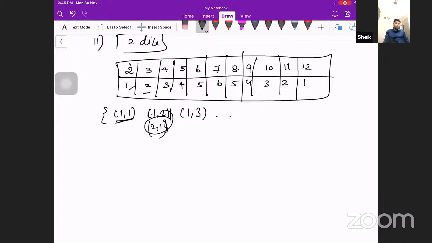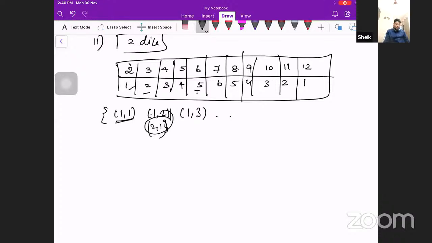So if you remember the table, the question is at least 7. What is at least 7? Minimum 7. Maximum sum is 12, so 7, 8, 9, 10, 11, 12, everything is possible. Add everything: 6, 5, 4, 3, 2, 1, which is 21... no, from the table we get 17.